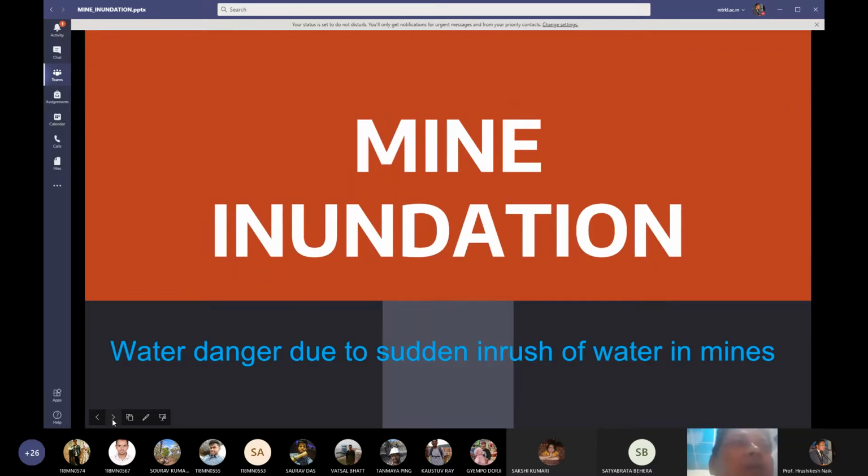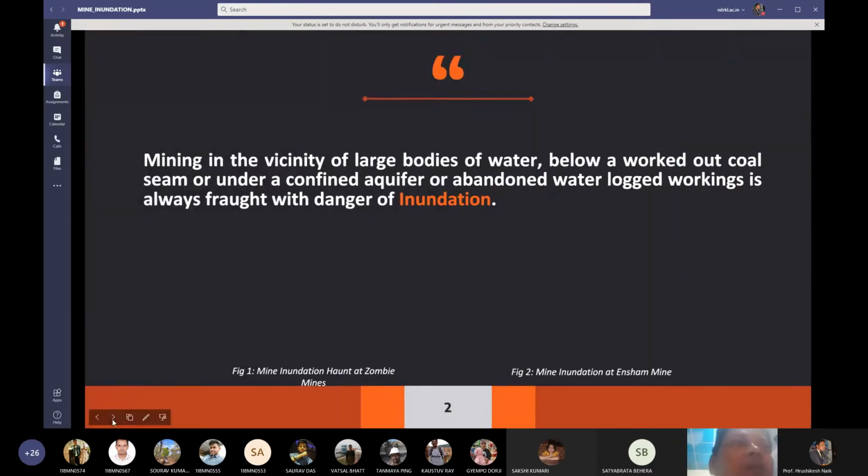Mining in the vicinity of large bodies of worked out coal seam or abundant water is always fraught with the danger of inundation.